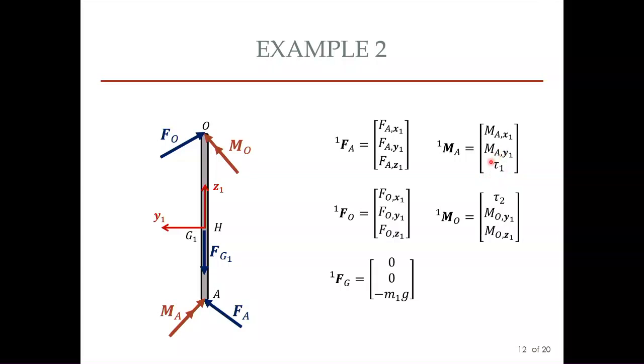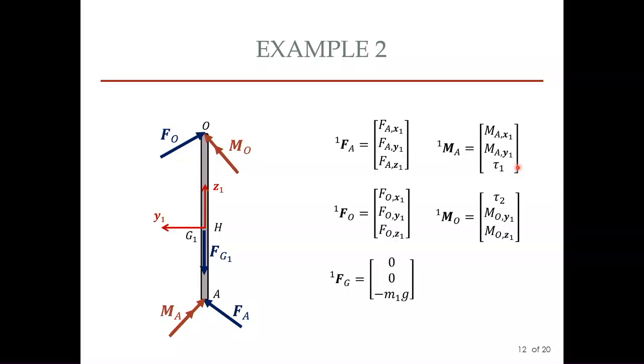So let's say for MA, because the joint in A allows rotation about Z1, if it is actuated, then there would be a torque in this Z1 direction, and I can call this torque tau 1.